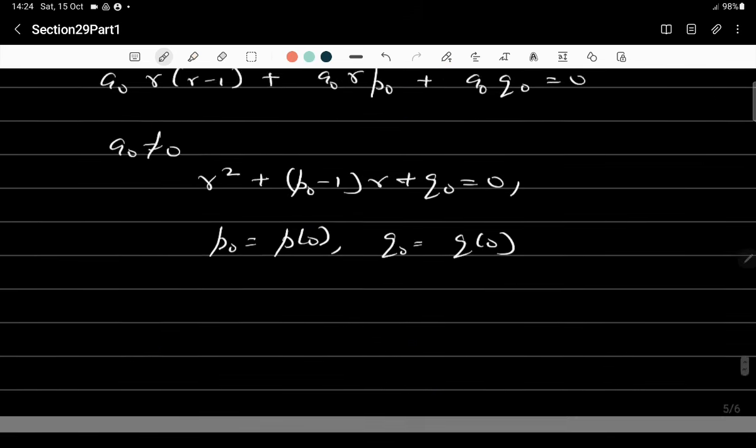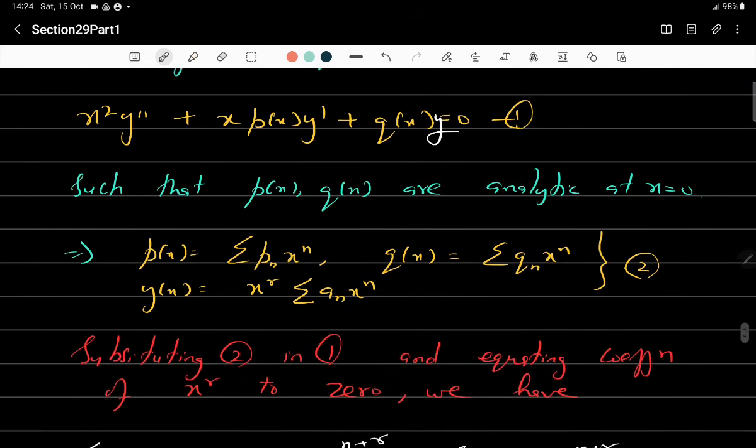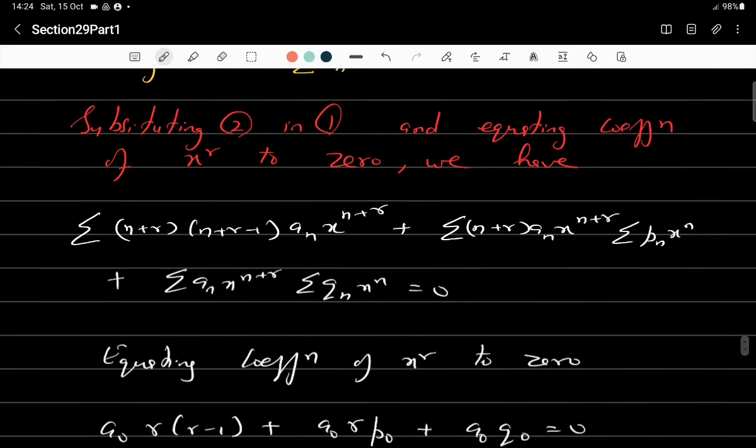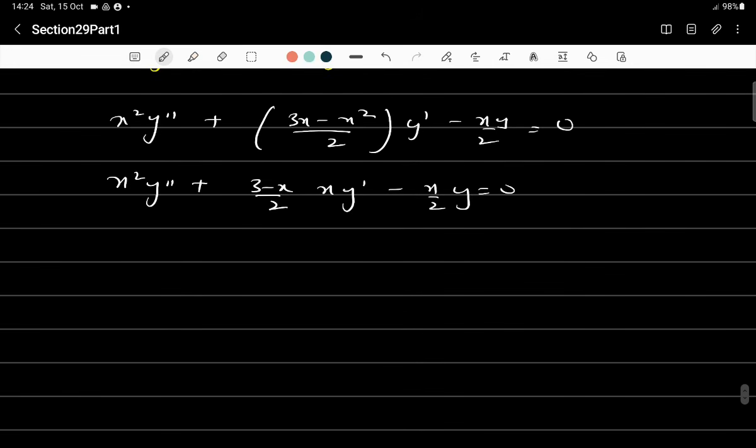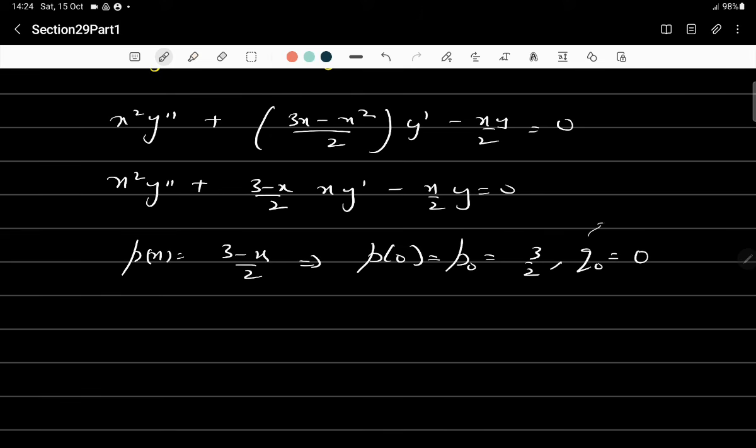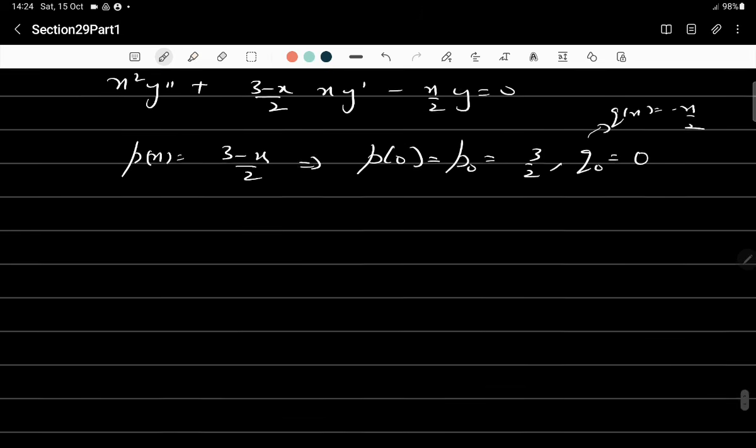So now if you compare it with this one, then it is x p of x, therefore my p of x is 3 minus x by 2, which means p of 0, which is p naught, is 3 by 2. And similarly q naught: if I put x equal to 0, q naught is 0, because q of x is minus x by 2.